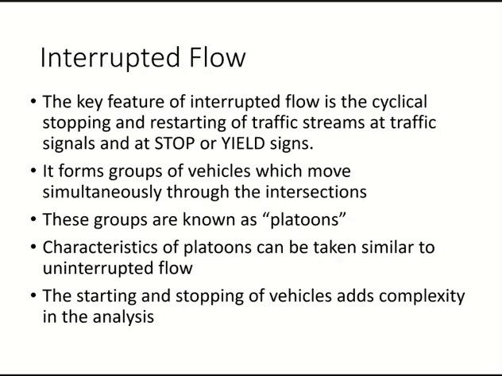Okay. Last thing we will do today is discuss about interrupted flow. The main difference between interrupted flow and uninterrupted flow was intersections. Whatever we have discussed up till now, it will not work on intersections. Though the equations and graphs do not work on intersections.